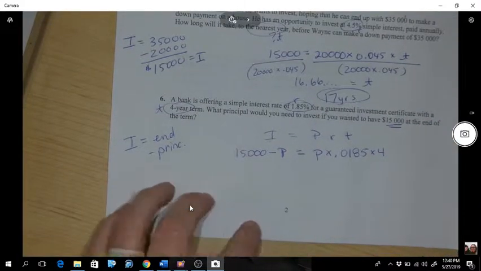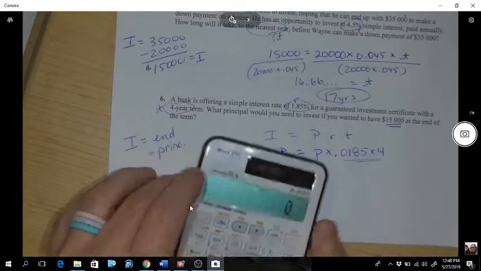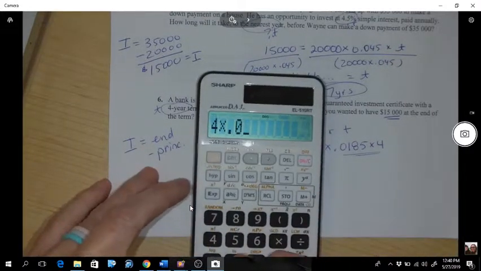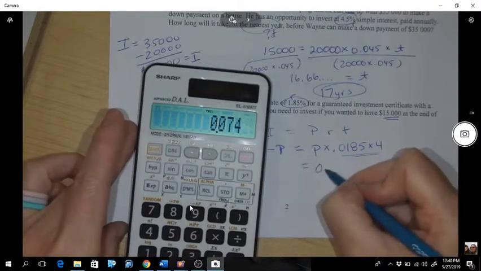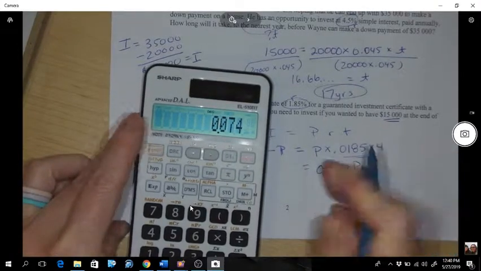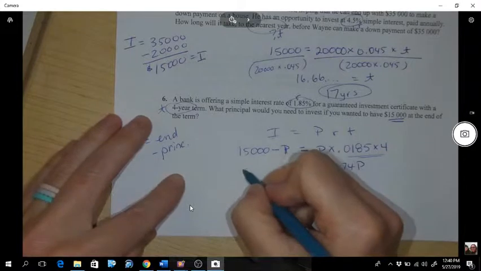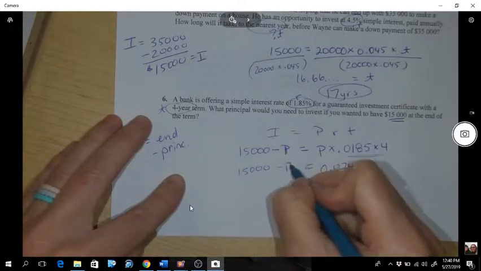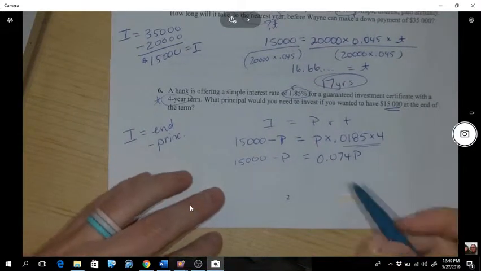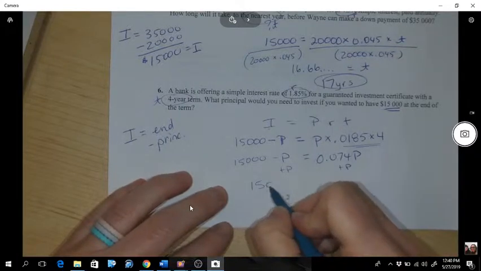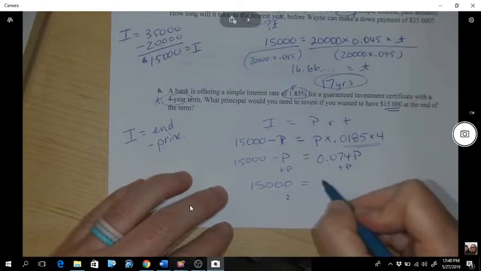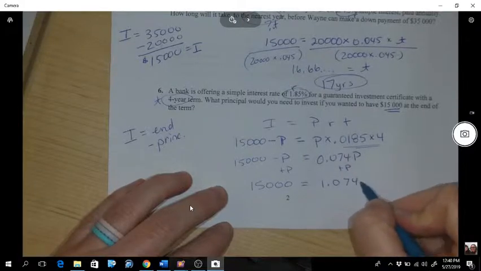Okay, so now I'm actually going to multiply those two numbers. 4 times 0.0185, so 0.074p. Okay, now I will add 1p. So 15,000 now equals 1.074p.